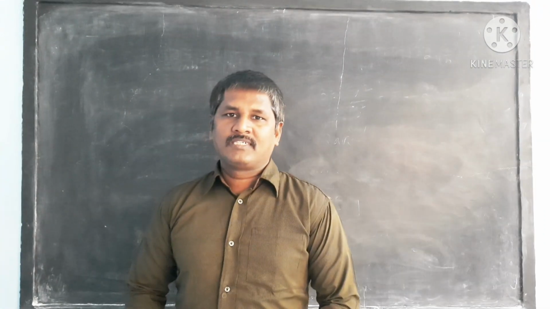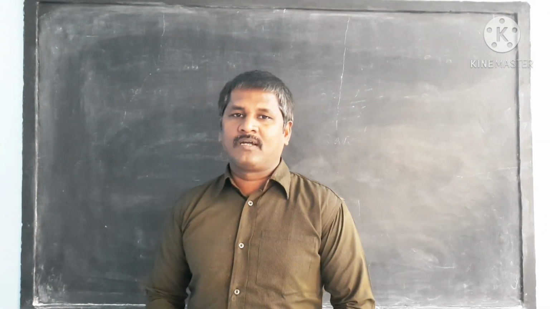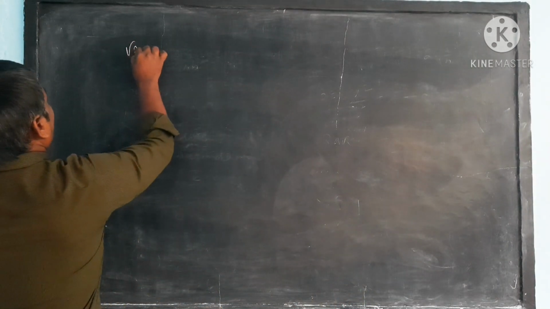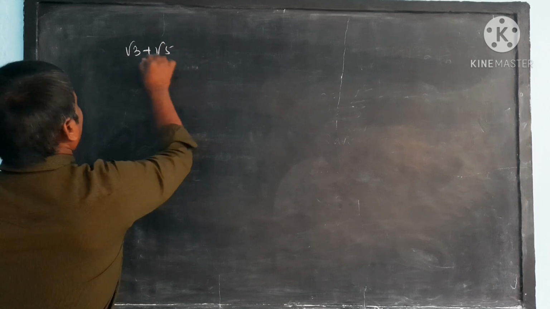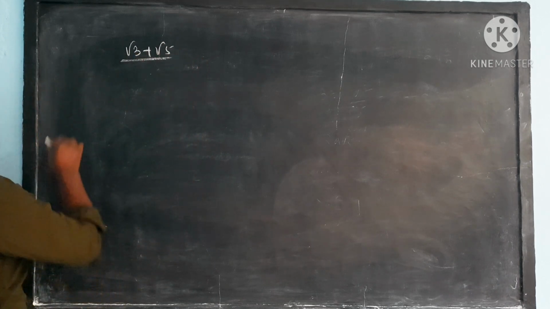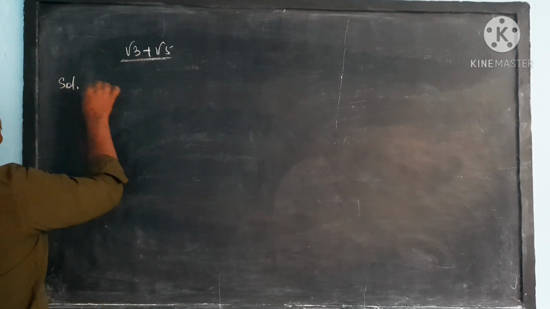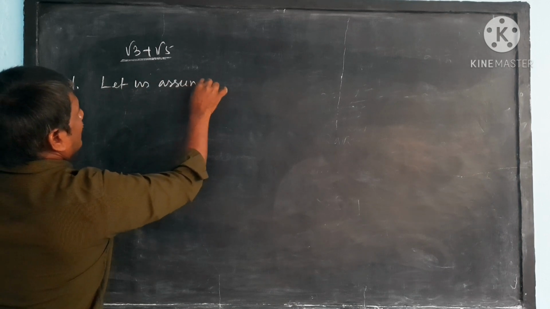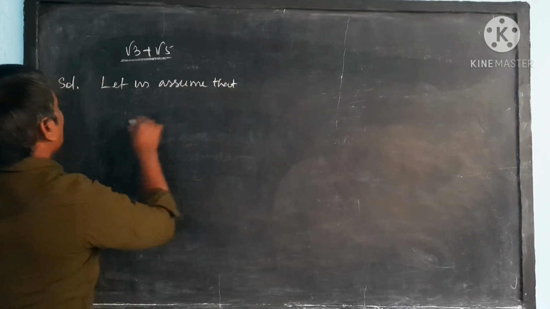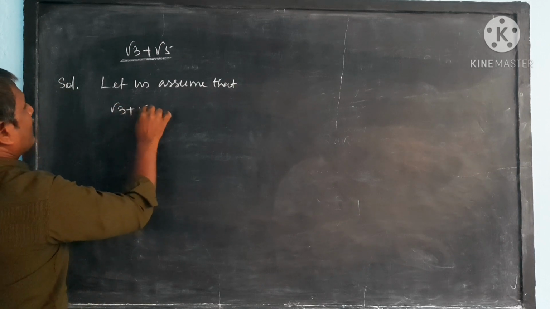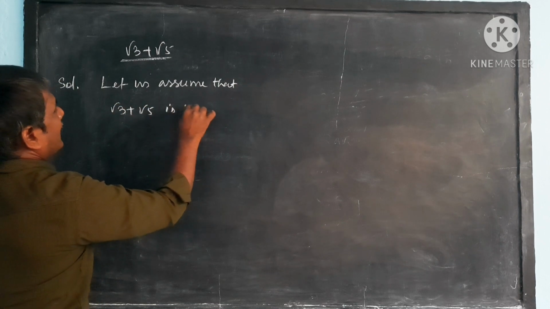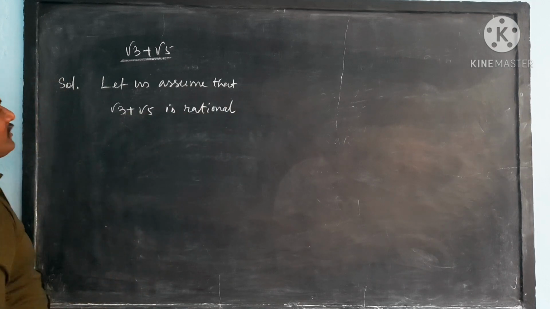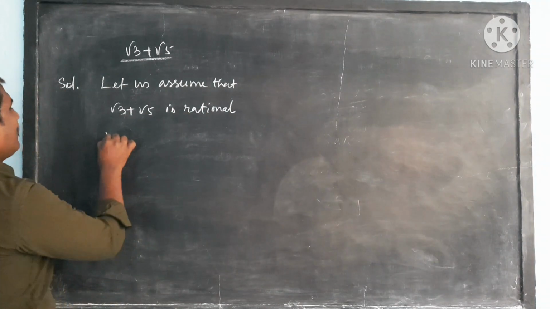So you can conclude that 1 by root 2 is irrational. Let us move to the second question of the first bit. It is given root 3 plus root 5. You have to prove that it is an irrational number. Let us start the solution. Let us assume that root 3 plus root 5 is rational.